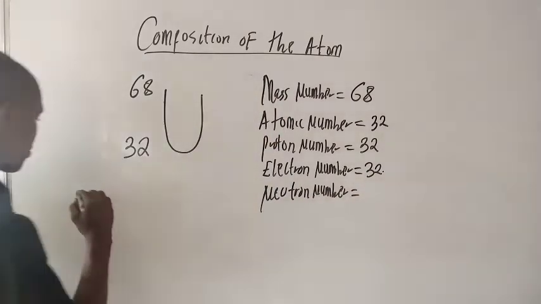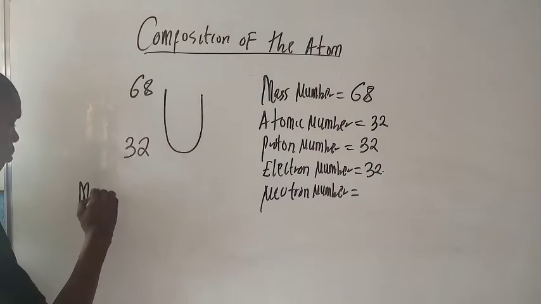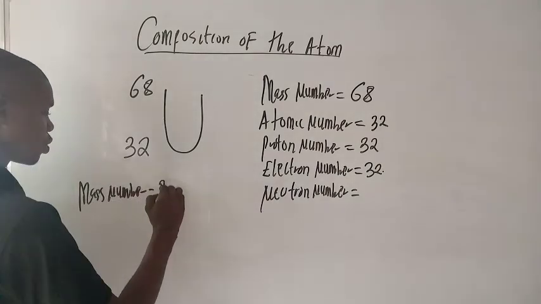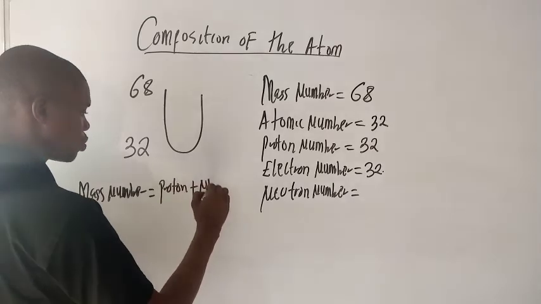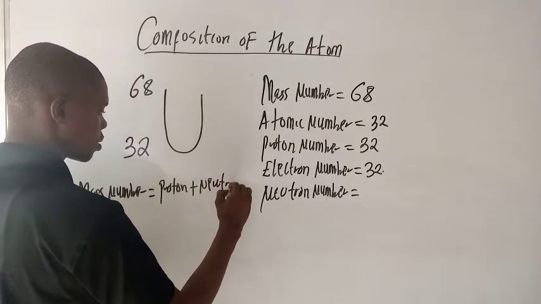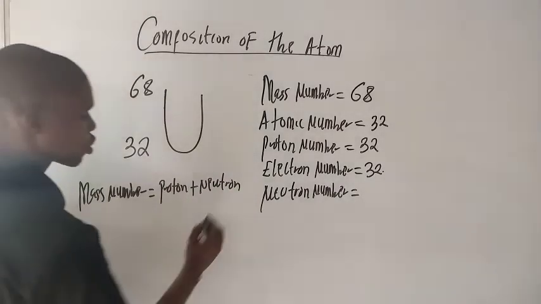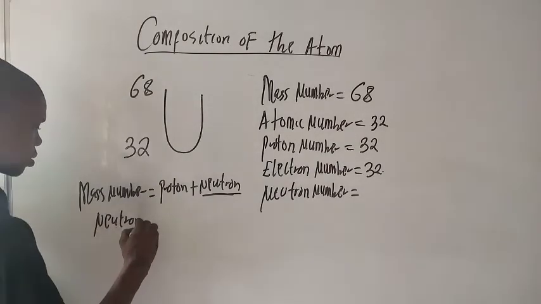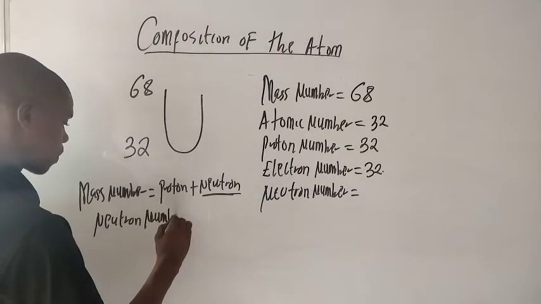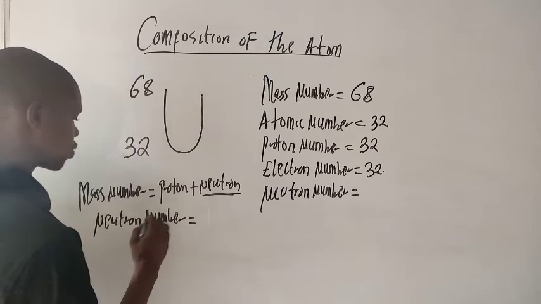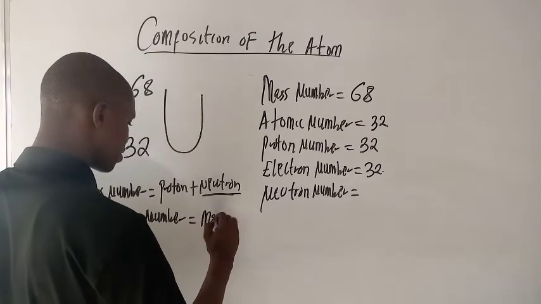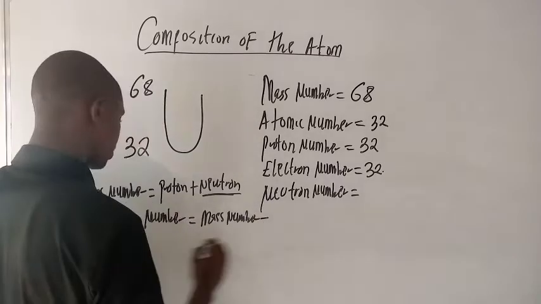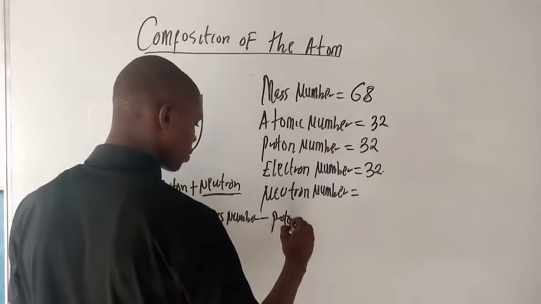Remember I told you that mass number equals proton plus neutron. So my neutron number is going to be mass number minus proton number.